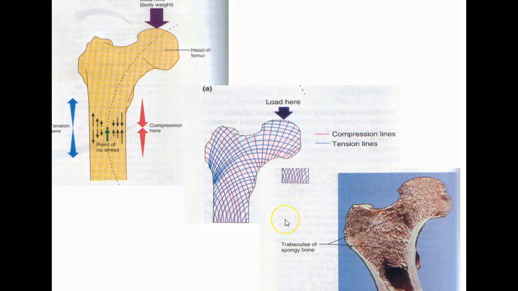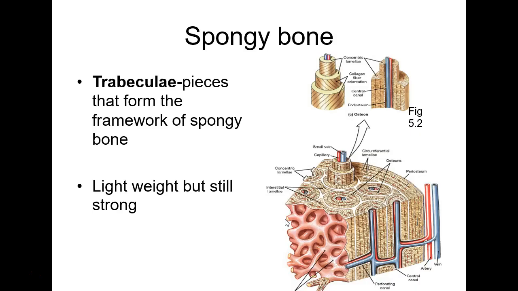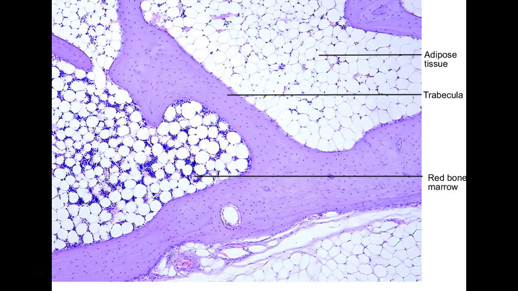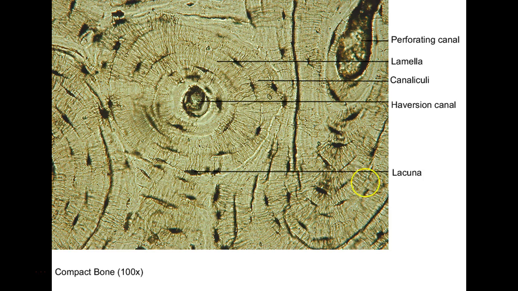There's one more weird little place there's endosteum. Sounds like a bonus question. It's inside, lining the central canals. Why? I don't know, it just is. So lining the inside of that would be endosteum.